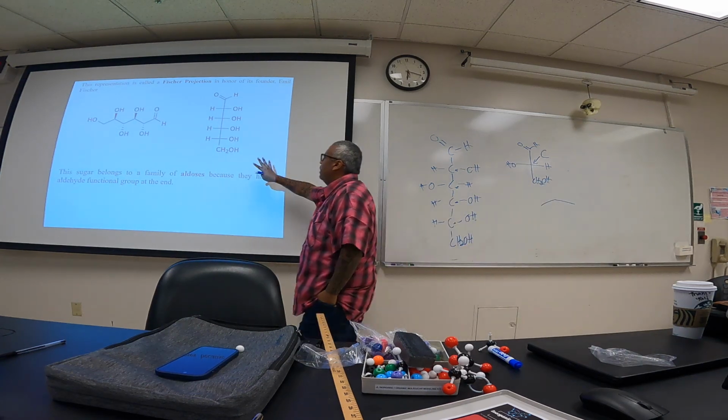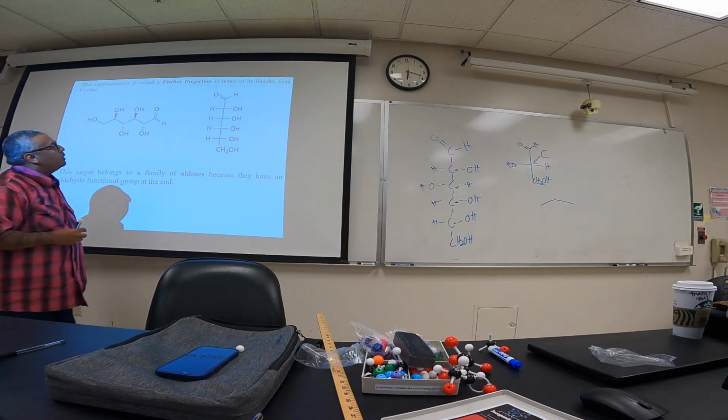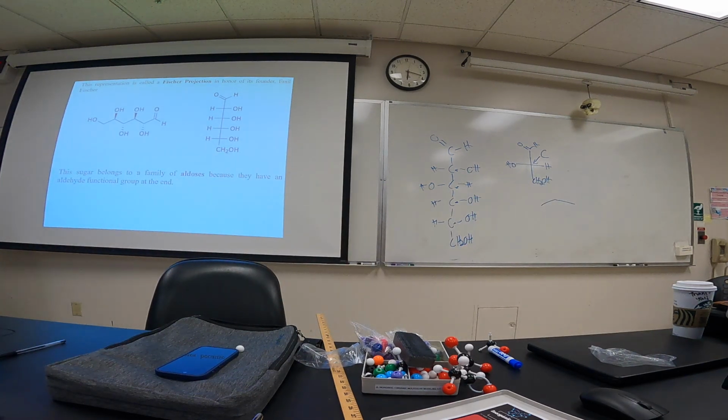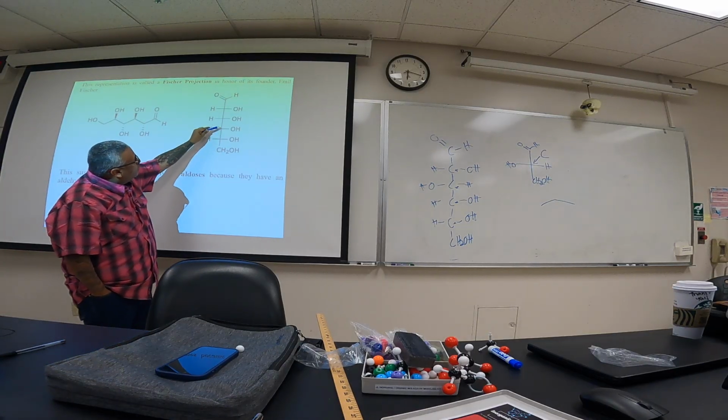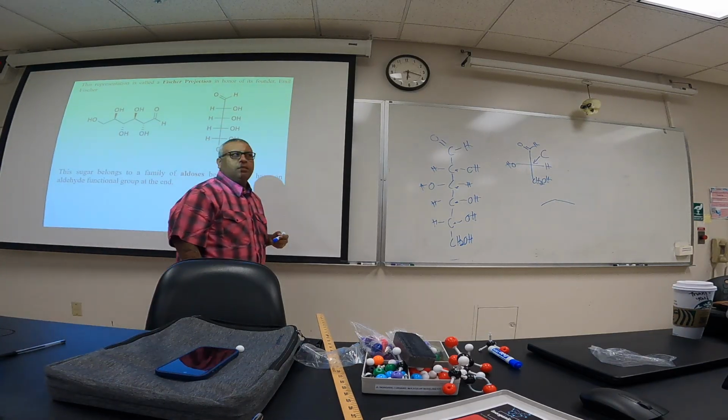So if we take a look at this structure here, how many carbons are in this Fisher projection? 6. 1, 2, 3, 4, 5, and 6.